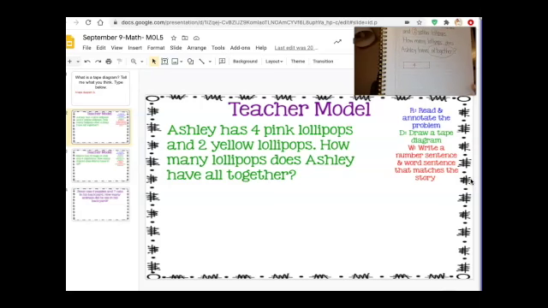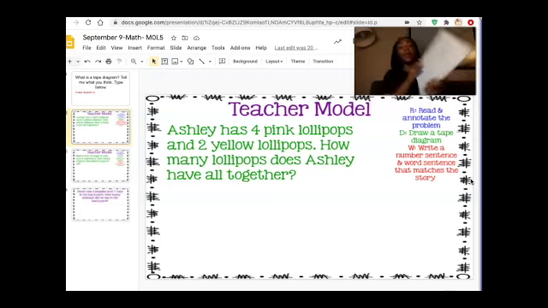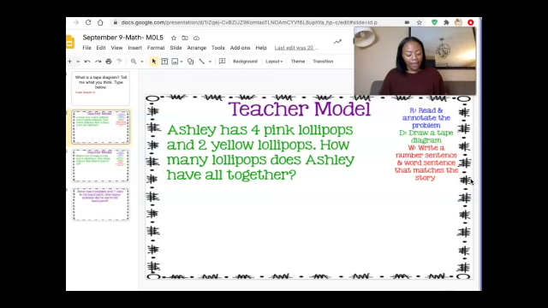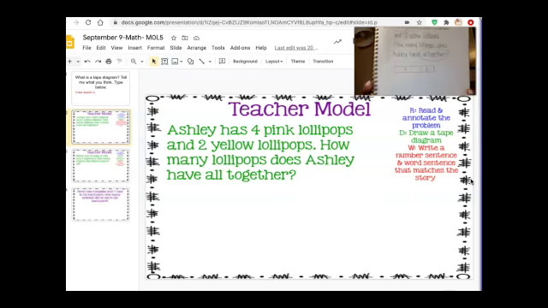This is the first part of our tape diagram. Then we know that she has 2 yellow lollipops. So I'm going to draw another rectangle, but I'm going to make it a little smaller because 2 is less than 4. So this is how your tape diagram should look so far.